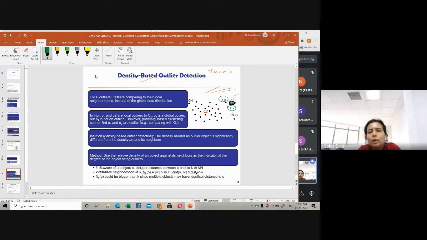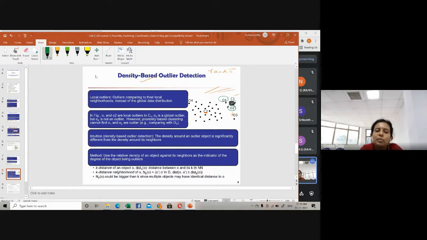They cannot be treated as distance based outliers. If we try to categorize O1 and O2 as distance based outliers, then we will have to classify all the objects in cluster C2 as outliers.